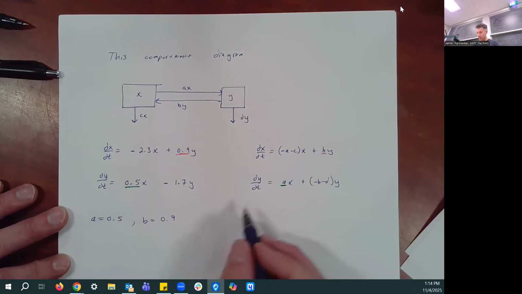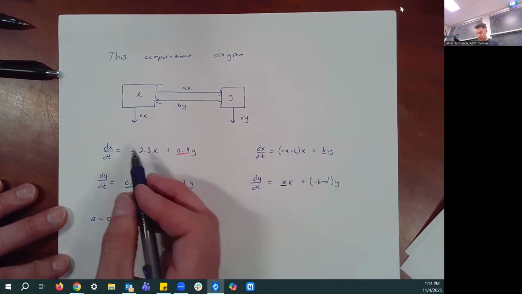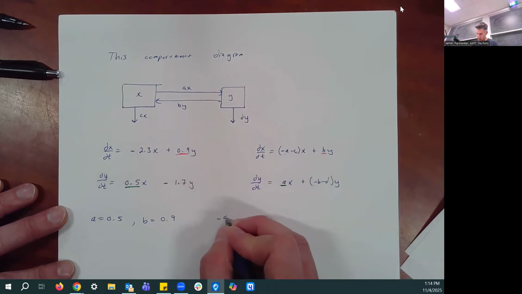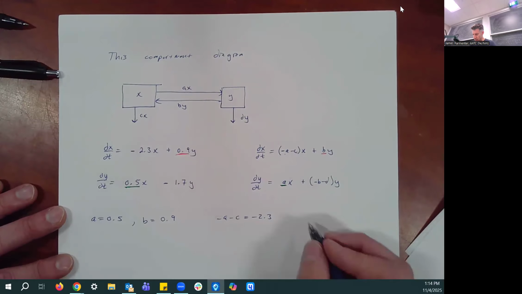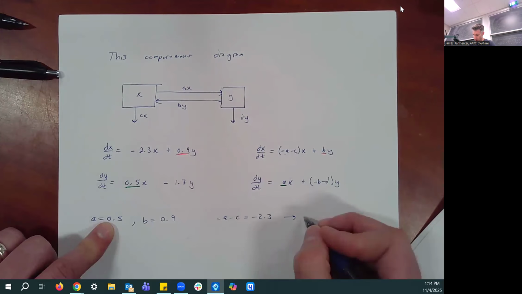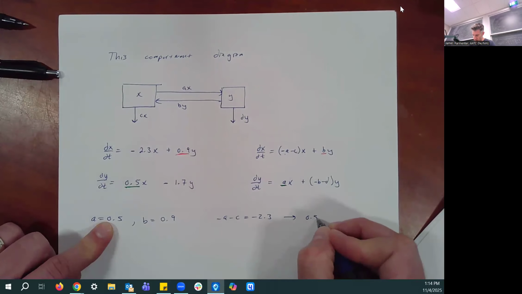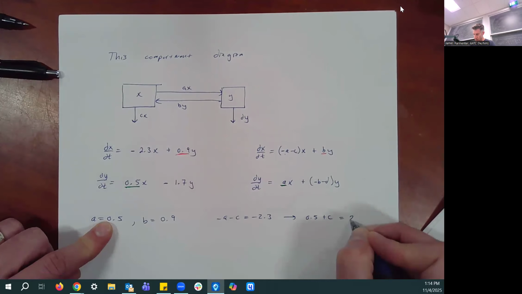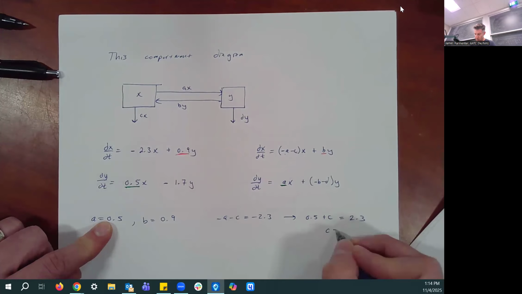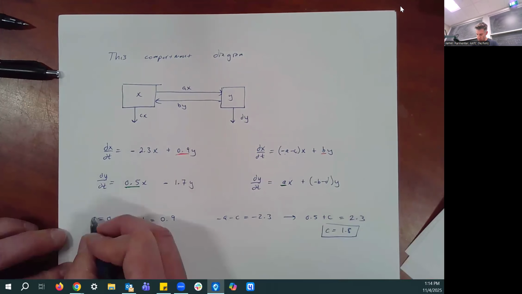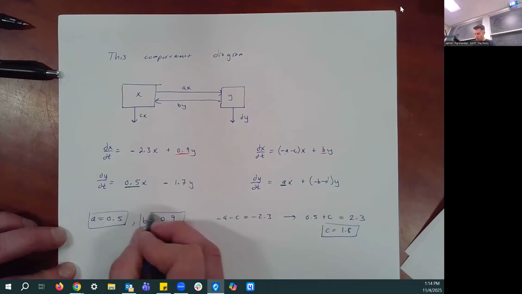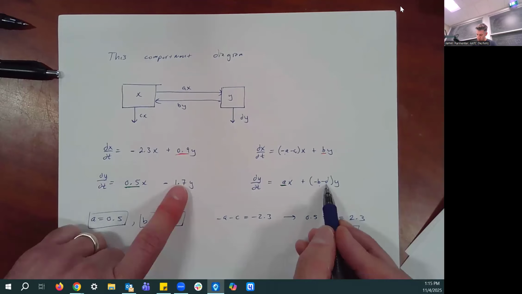And then we know that negative A minus C is equal to negative 2.3. So let's get rid of the negative signs and say that A, which is 0.5, plus C is equal to 2.3. And then C is equal to 2.3 minus 0.5, which is 1.8. Same way we find D: negative B minus D is equal to negative 1.7.